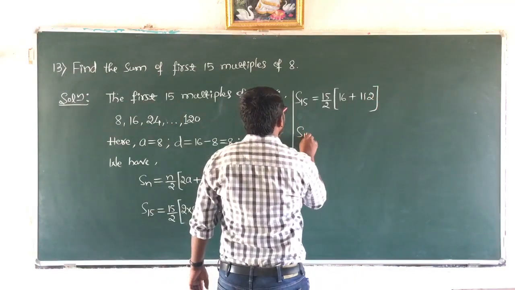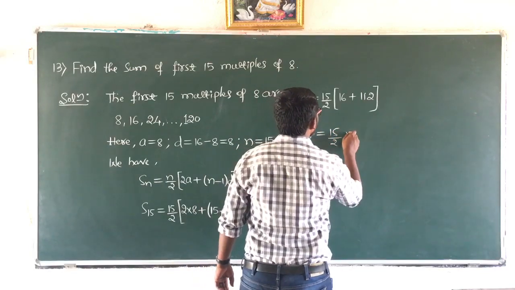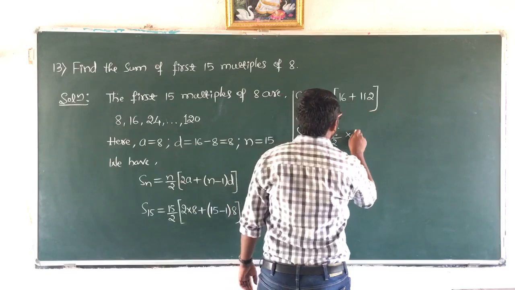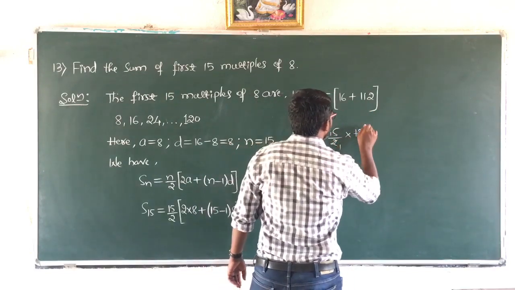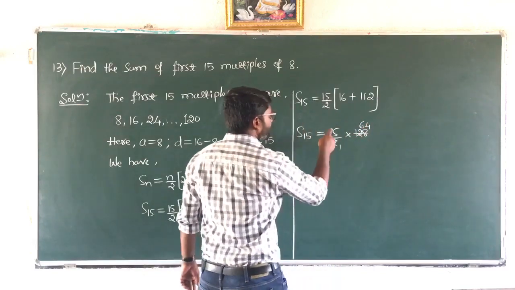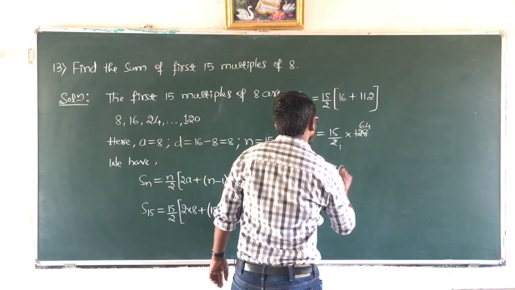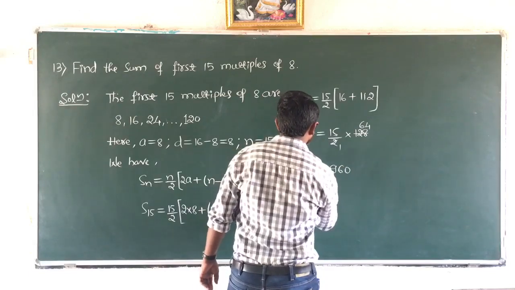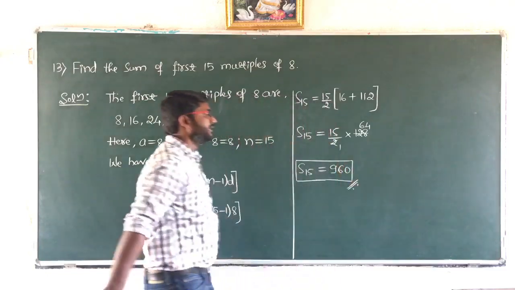Now S15 is equal to 15 divided by 2 into how much we get now, if we add these two we get 128. Now simplify these two, that is 64, 64 into 15 will give us 960. So this is the required sum of first 15 multiples of 8.